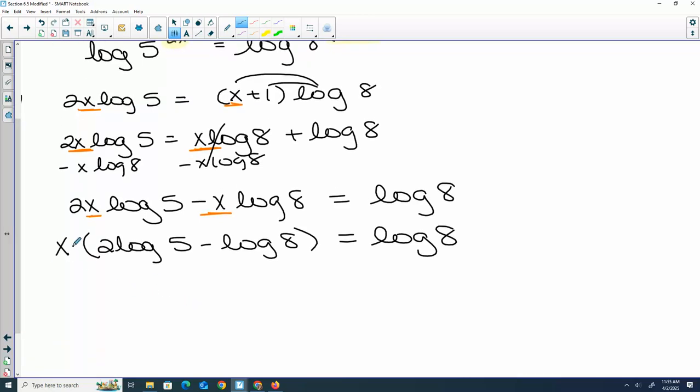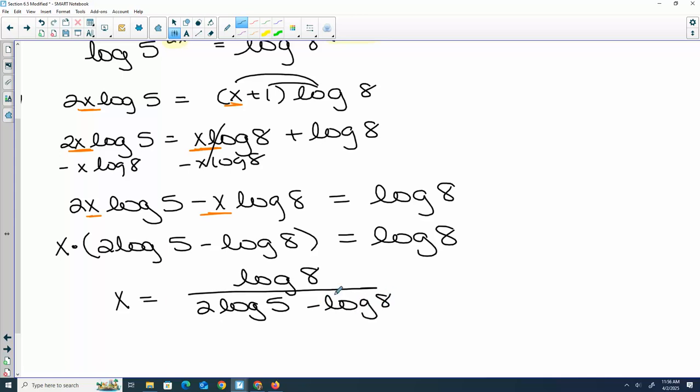You have x times all of this stuff. The opposite of multiplying is dividing, so all of that goes in my denominator. You have multiple terms on the bottom, so you can't cancel them because of the subtraction.